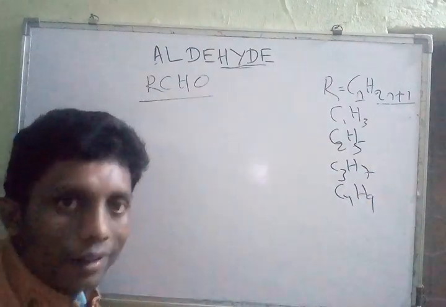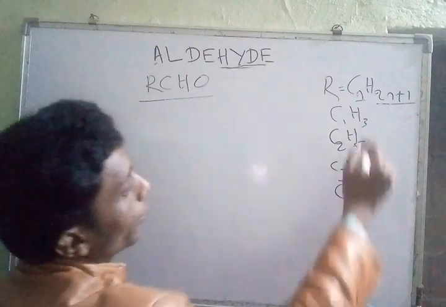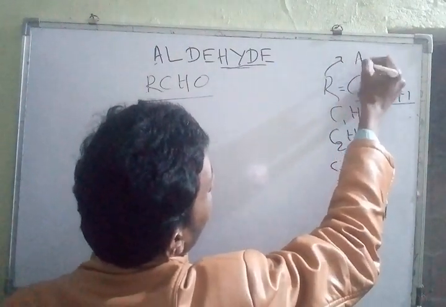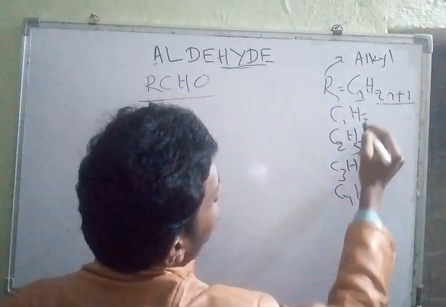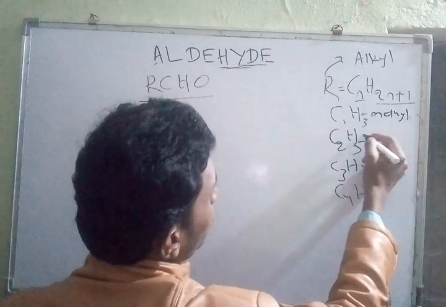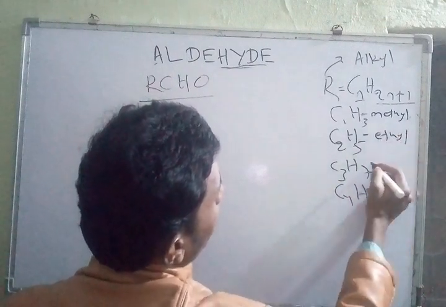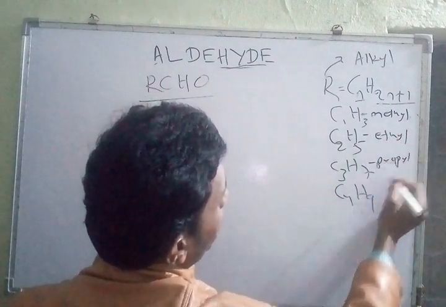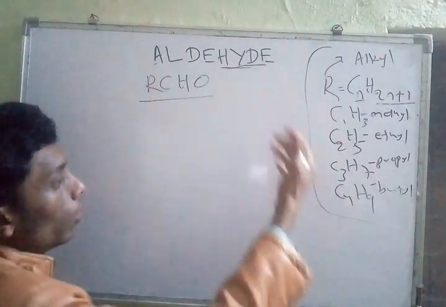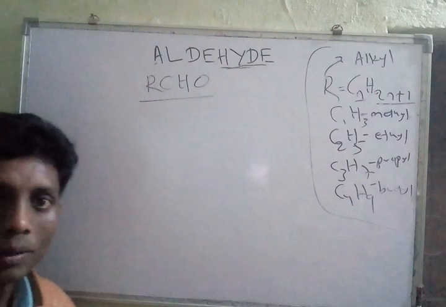All these are the radical groups or the alkyl groups. As you know, R is the radical group, alkyl. That is why one carbon is methyl, two carbon is ethyl, this is propyl, and this one is butyl.